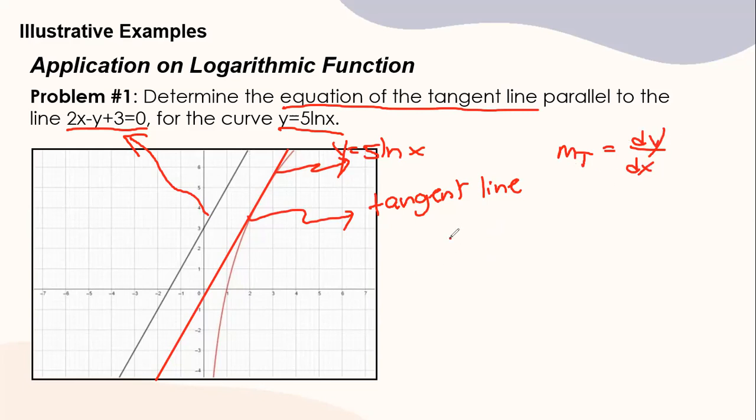So we have y is equal to 5 ln x. Getting the dy over dx, okay, we have to derive. So 5 ln x, so ilalabas lang natin yung 5 which is the constant, multiplied to the derivative ni ln x which is 1 over x. So we got dy over dx equal to 5 over x.